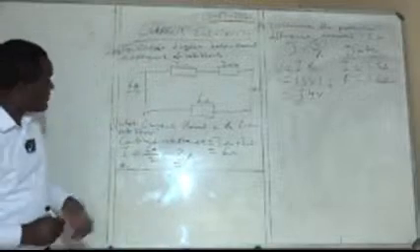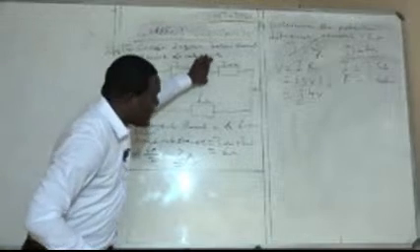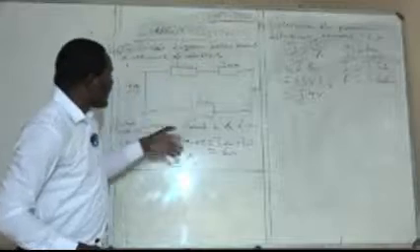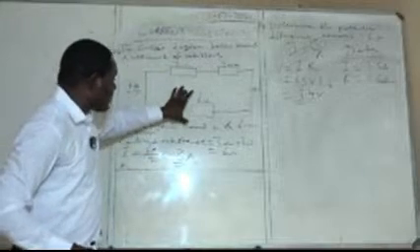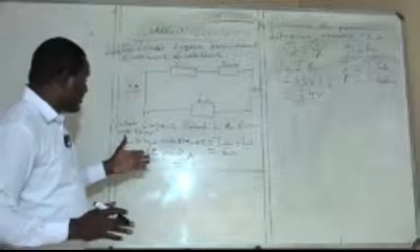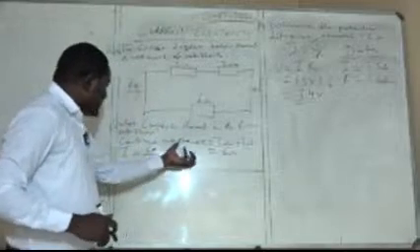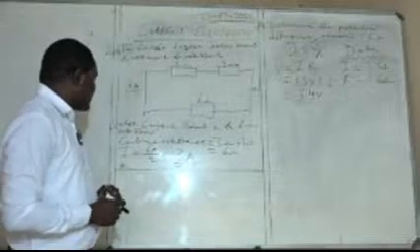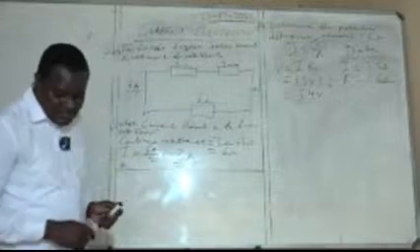The current through the upper loop and the lower loop is the same. So the answer is that the current that flows through the 6 ohm resistor is 3 amps.